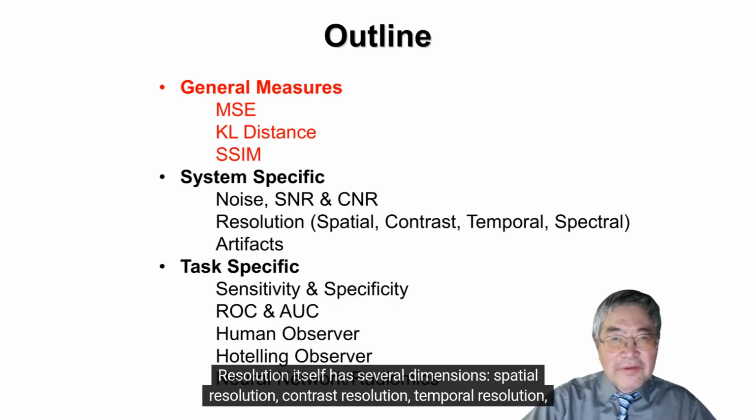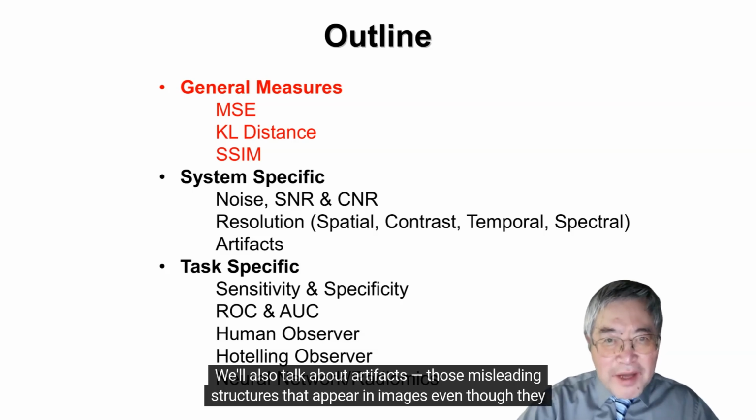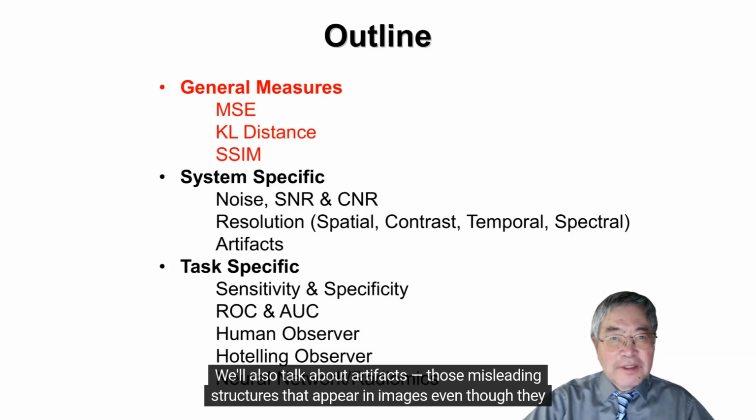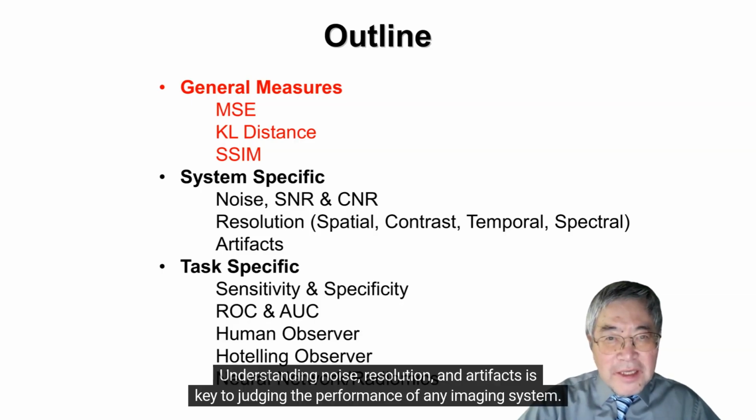Resolution itself has several dimensions: spatial resolution, contrast resolution, temporal resolution, and spectral resolution. We'll also talk about artifacts, those misleading structures that appear in images even though they don't exist in reality. Understanding noise, resolution, and artifacts is key to judging the performance of any imaging system.